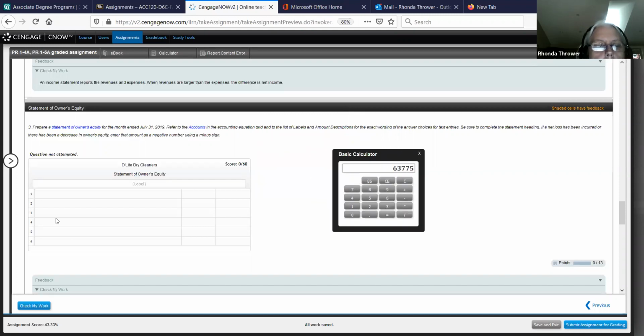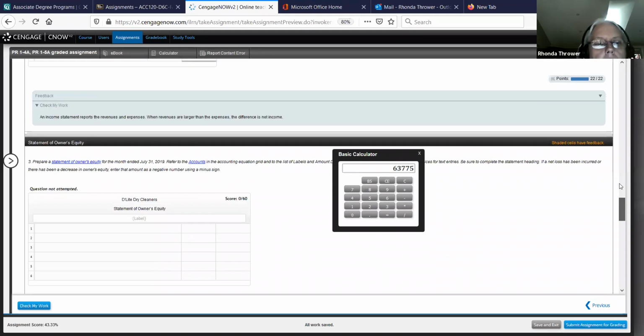Now, the statement of owner's equity is a tough one for students, so bear with me and listen carefully here. Notice they want a label here for the statement of owner's equity. The statement of owner's equity is done for a period of time, just like the income statement was. So you really want for the month ended July 31st, 2019 there.